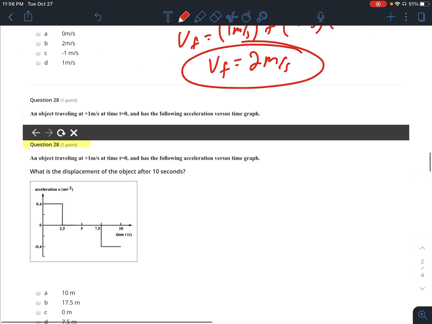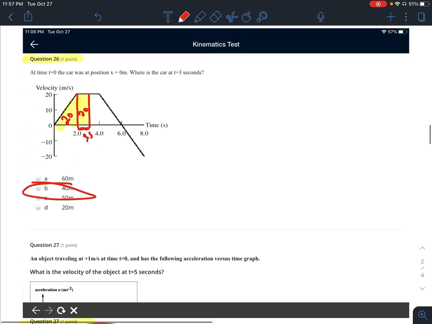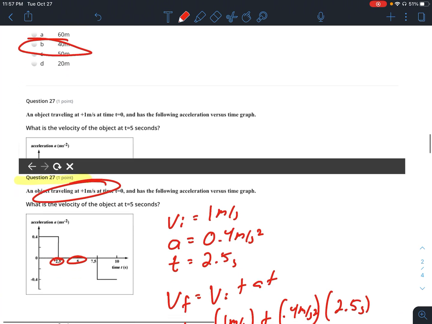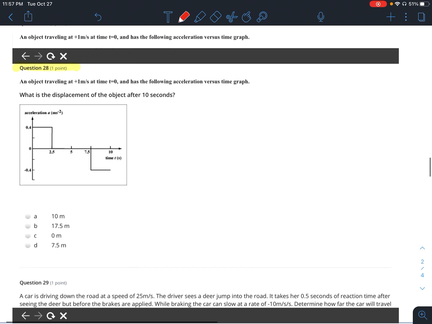So that leads us into 28. Now I think these question numbers are offset a little bit because I deleted that one vectors question, so just be aware of that. So this is now how far did we move? Same graph, same scenario, still traveling at that initial 1 meter per second. Right here, we know that our velocity is 2 meters per second at that 2.5.